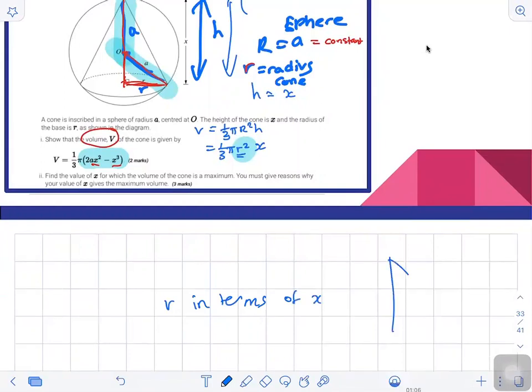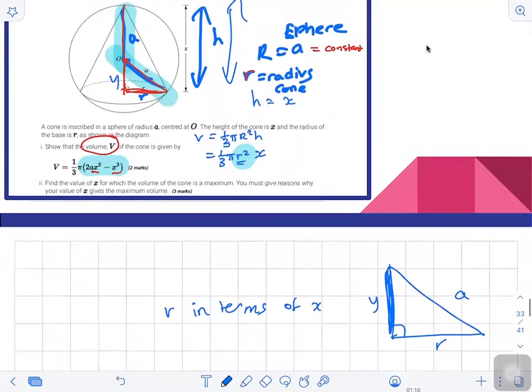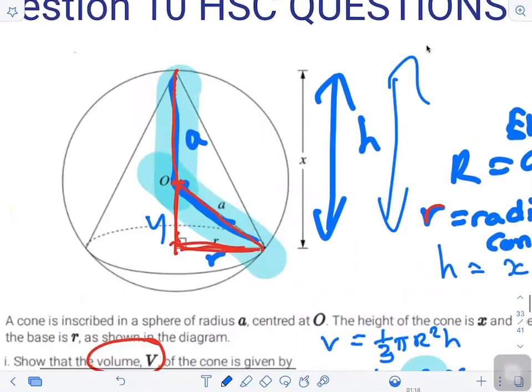So you can see the right angle triangle thing happening here. That's r, that's a, but we don't have this length here. So call that y, for example. So that's y there. So when you look at that, that whole thing there is x. This part here, that's what I'm trying to find.